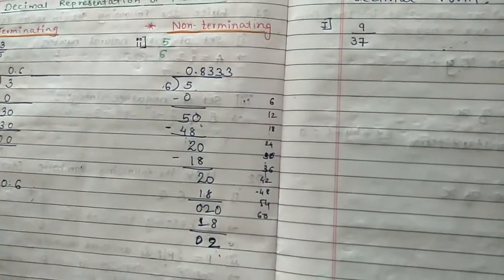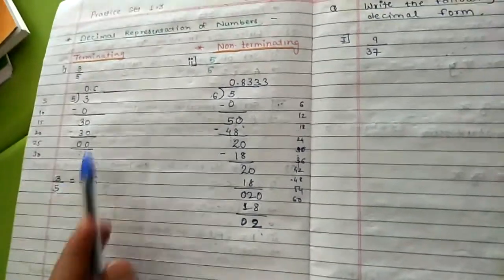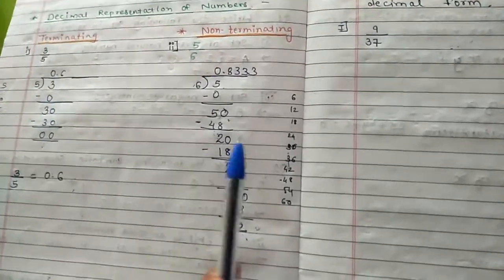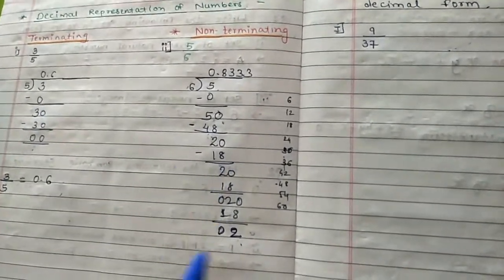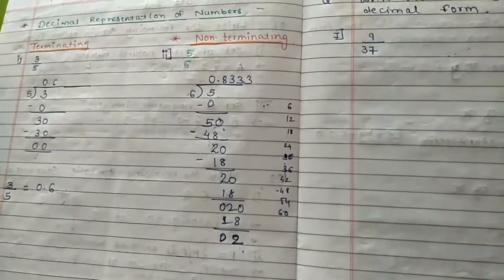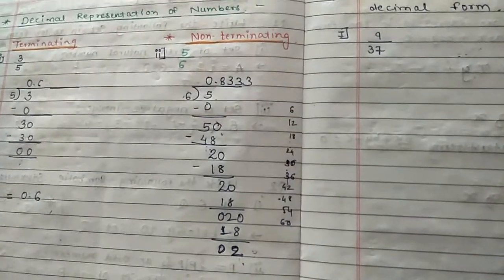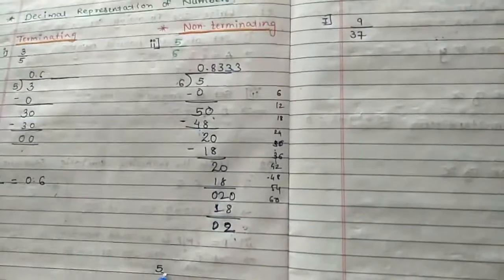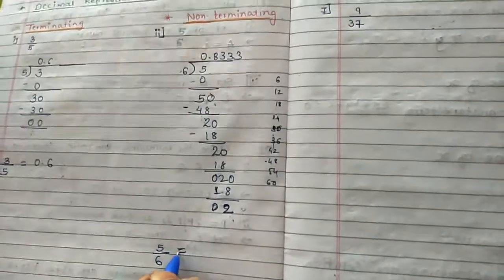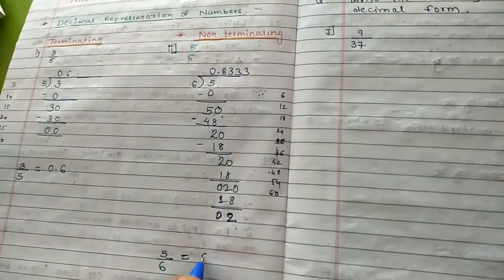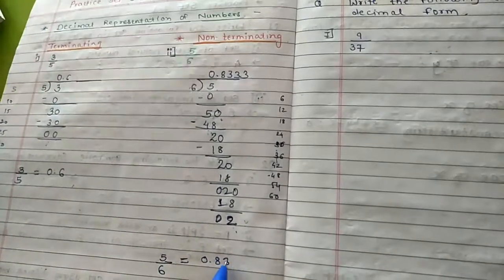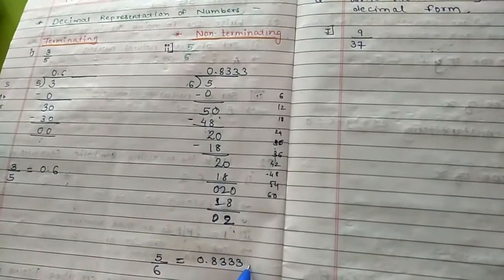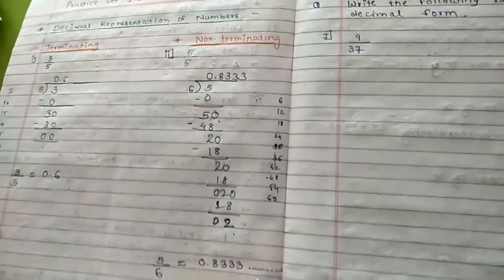So how are we going to write this in the form of a decimal number? The way we took this in decimal form, how are we going to write these rational numbers as decimal numbers? See here, 5 upon 6 is equal to, the quotient is 0.8333, and the division is continuous, so you have to give the dotted sign.